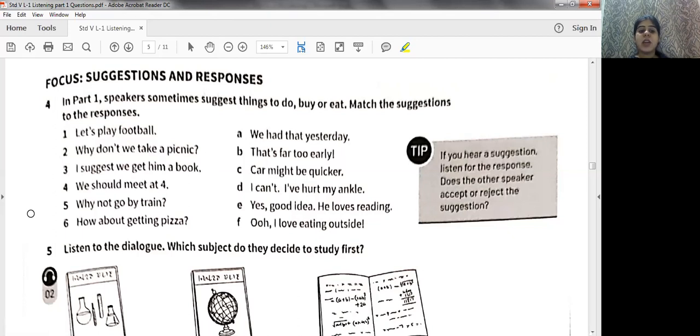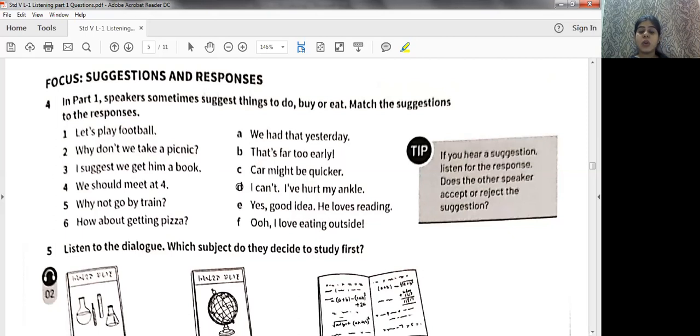Next, I suggest we get him a book. Yes, think. It is E. Yes, it's a good idea because he loves reading. Fourth, we should meet at 4. It is B. That's far too early to meet at 4.